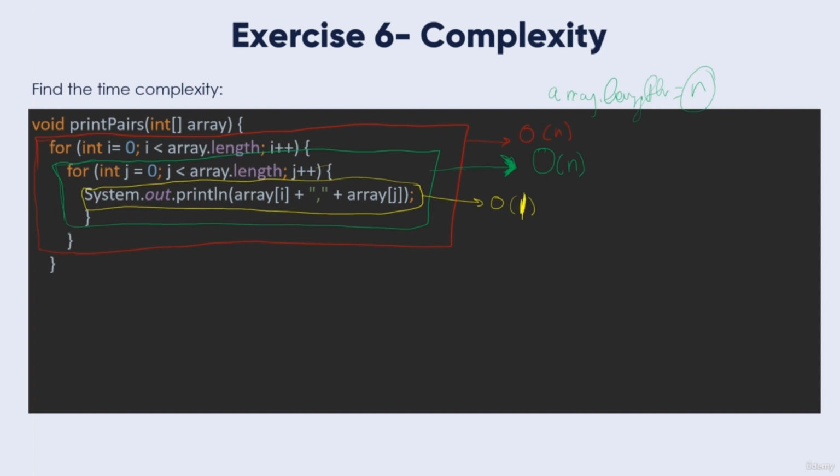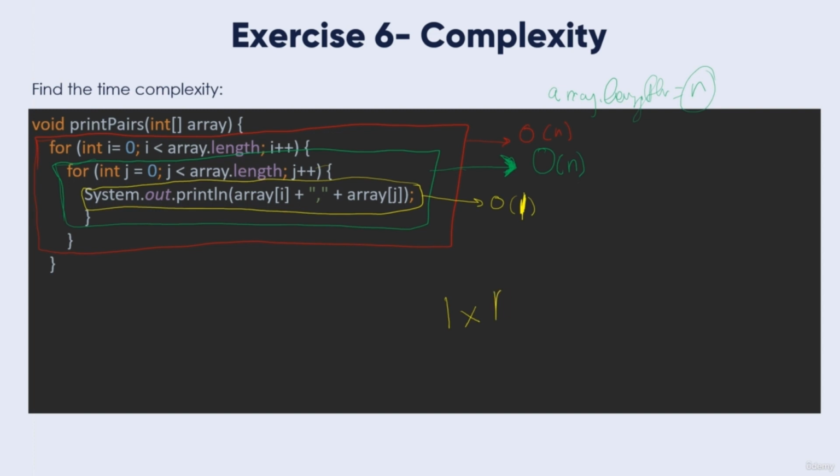Okay? So we have the outer loop moving through all the elements from 0 to n, and the inner loop is executing the code from 0 to n, and the code is system.out.print. This is O of 1 times n times n. So 1, this is the inner, times how many times it is executing, times n.